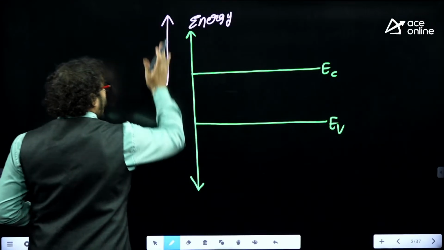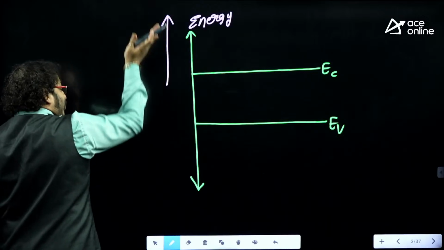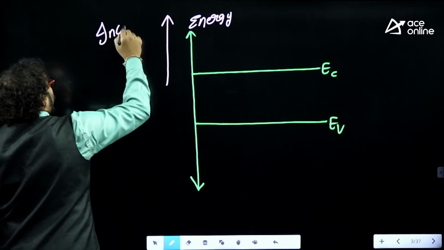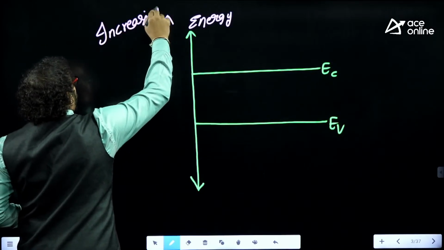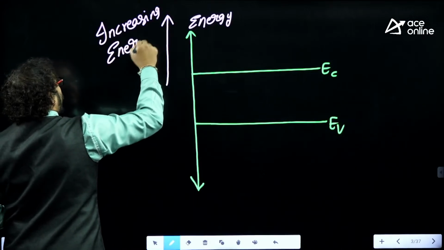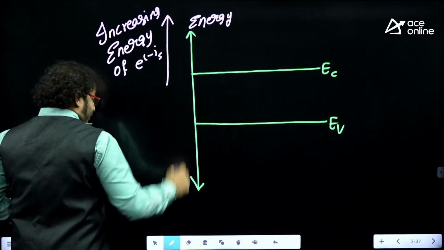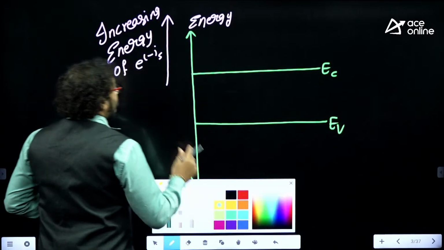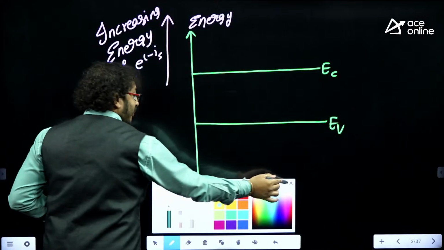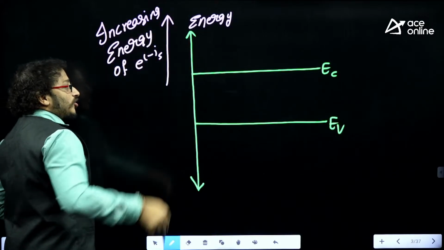If I'm moving towards the positive y-axis, this direction represents increasing energy levels of electrons. Increasing energy levels of what, dear students? Electrons.